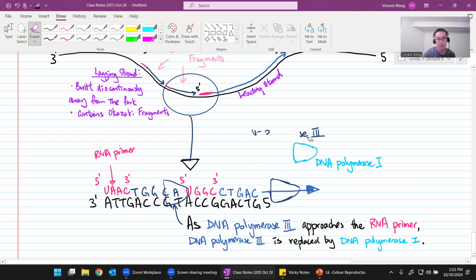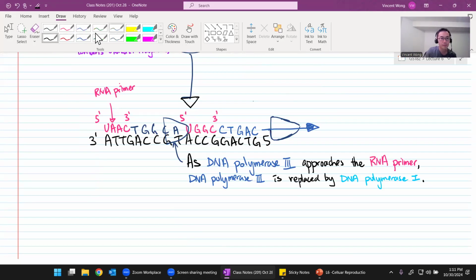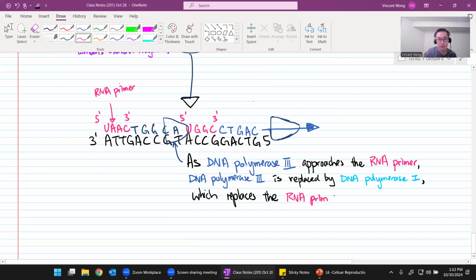Okay, just gonna erase these things, you don't really need it. DNA polymerase 1, which replaces the RNA primer with DNA nucleotides.